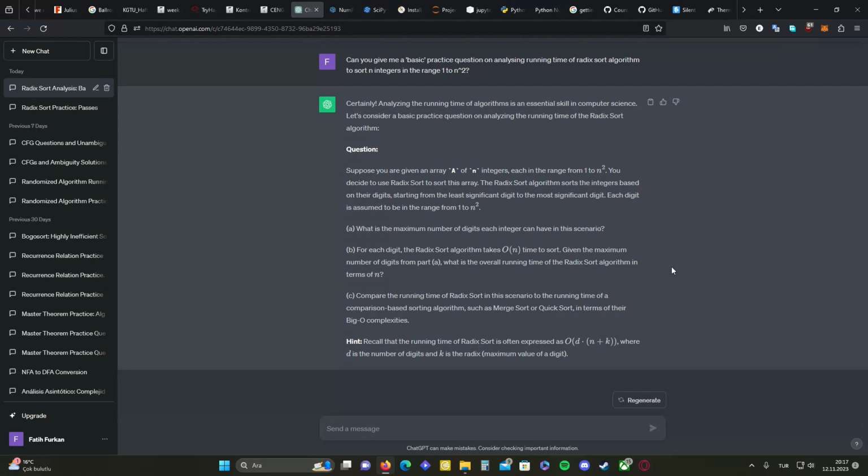For each digit, the Radix sort algorithm takes O(n) time to sort. Given the maximum number of digits from part A, what is the overall running time of the Radix sort algorithm in terms of n? Compare the running time of Radix sort in this scenario to the running time of a comparison-based sorting algorithm such as merge sort or quicksort in terms of their big O complexities.